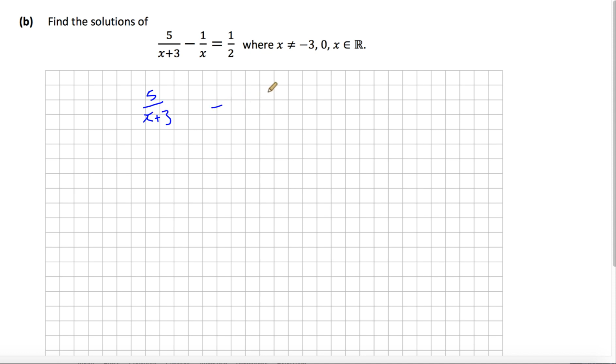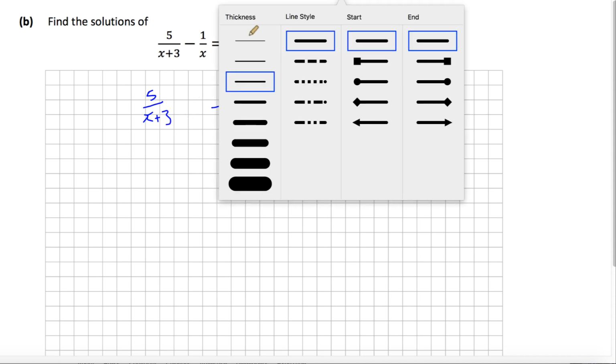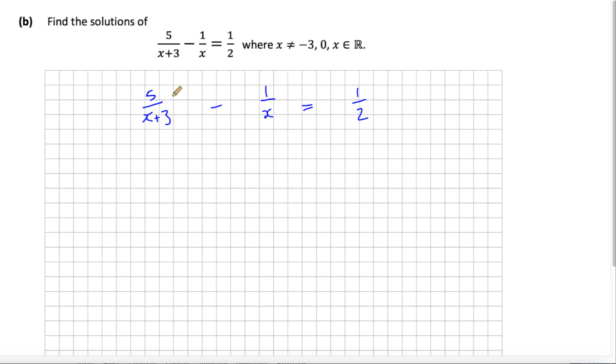So 5 over x plus 3 minus 1 over x is equal to 1/2. So I'm spreading it out just so I can show you here what's going to happen. So I'll do this in another color. What you do is you multiply each fraction by all of the denominators multiplied together.